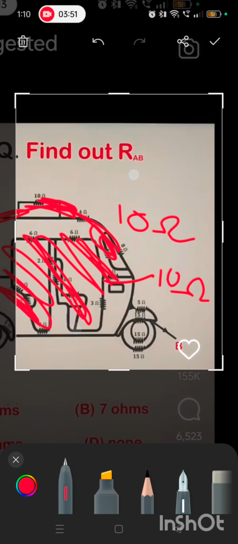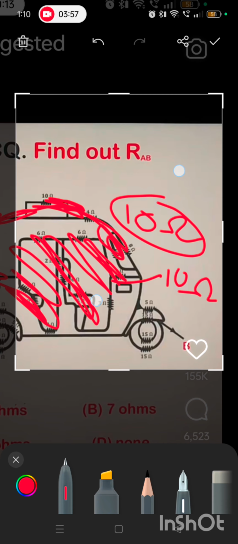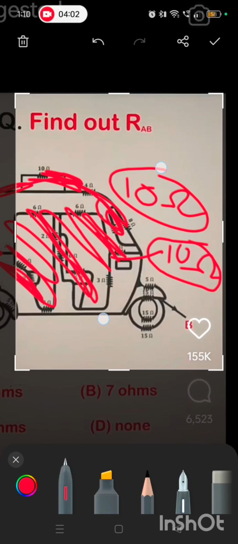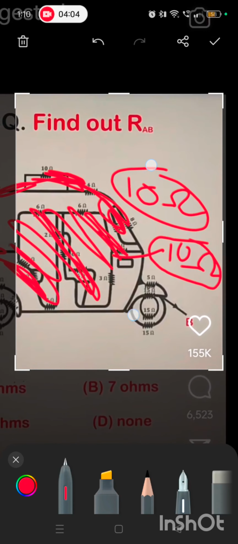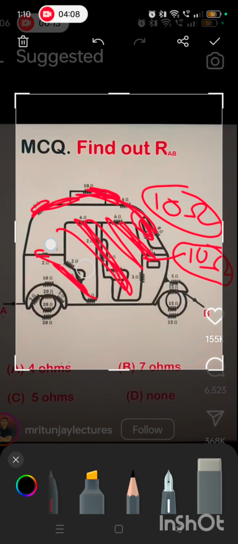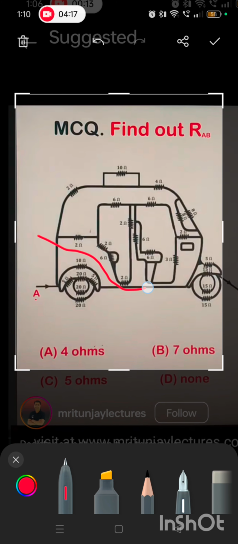Now this shelter or chat and this middle layer are in parallel, so together they'll form 5 ohm. So we'll erase this complete part here. This complete part is 5 ohms.